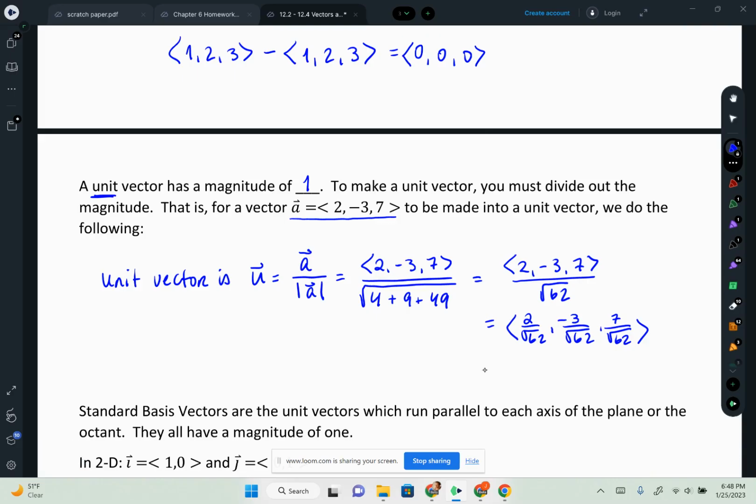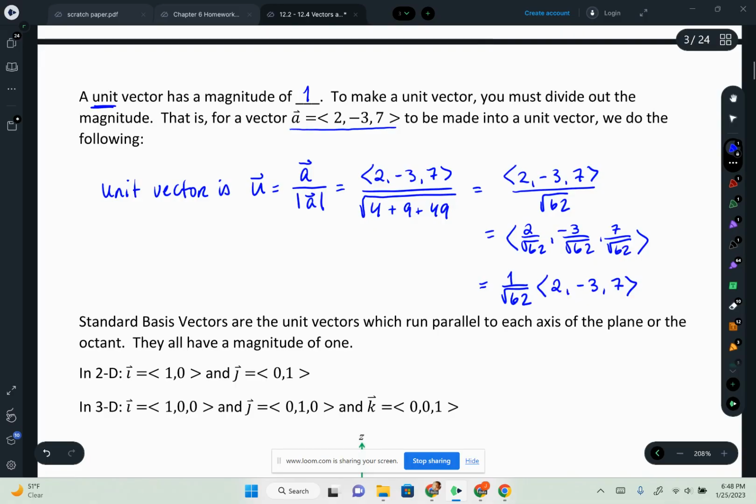I personally like to write it with 1 over the square root of 62 on the outside, because I don't want to write over square root of 62 3 times, although I just did it. So I keep that 1 over root 62, pull it out to the outside, so it's just a multiplier. And I leave behind the 2, negative 3, 7.